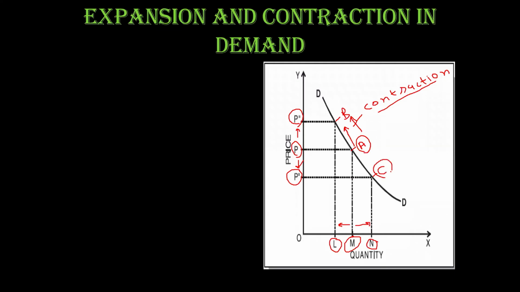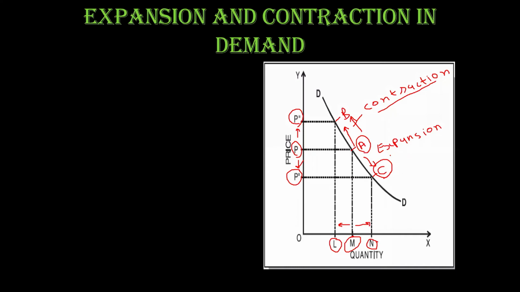Now at point C, you can see that the quantity demanded has increased. When there is an increase in quantity demanded, it is known as expansion. Now this is known as expansion in demand. And when there is expansion in demand, it means that the point on the same demand curve is moving downward.